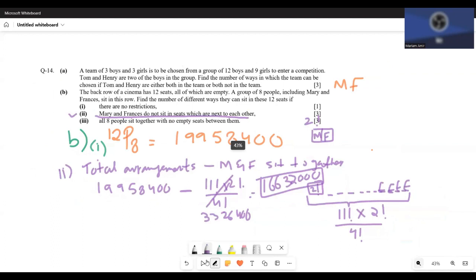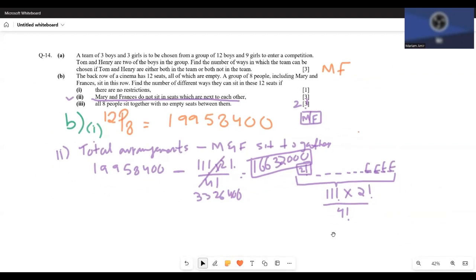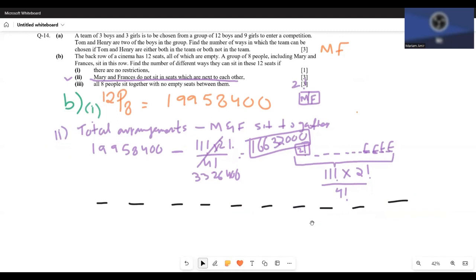This can be done in another way as well. That is, we don't want to make Mary and Frances sit together. So what we'll do, we'll first place 10 chairs here: 1, 2, 3, 4, 5, 6, 7, 8, 9, 10. So instead of 12 available spots, there are 10 available slots. So the arrangement for that is going to be 10 factorial times.